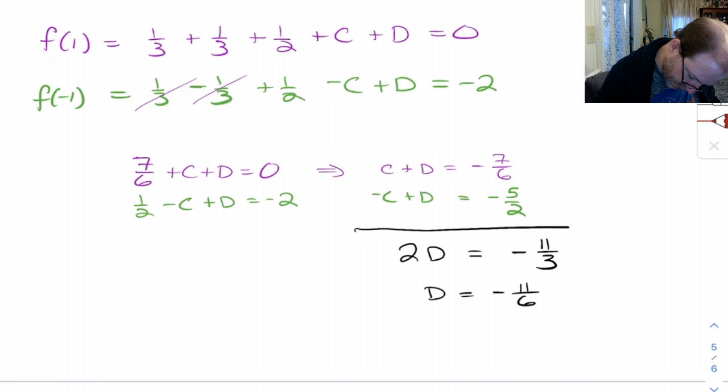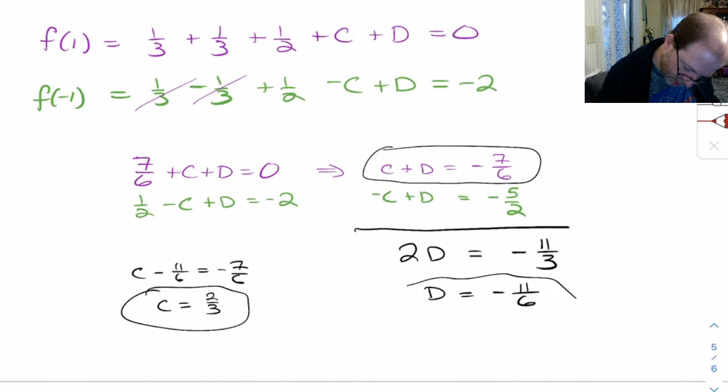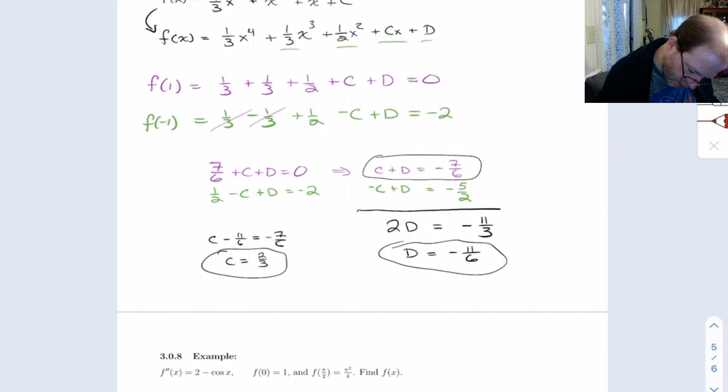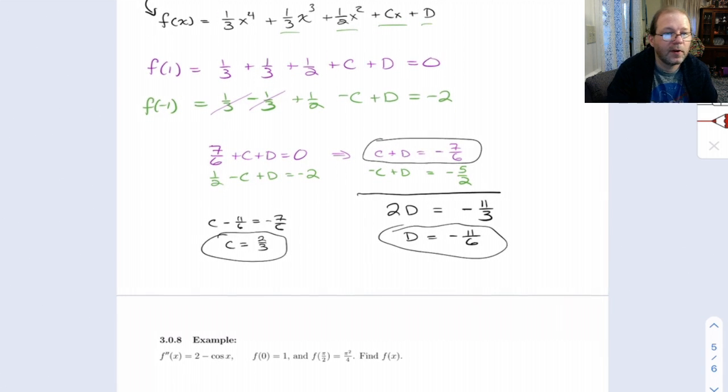So if d is minus 11/6, if I plug into this, I get c minus 11 over 6 is negative 7 over 6. So add 11, 4 over 6, 2/3. So I get this. And so my final answer is going to be, so got to make it a little small so I can see it on here.